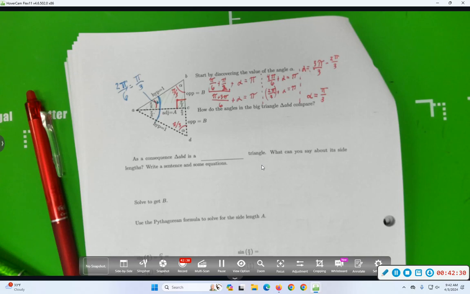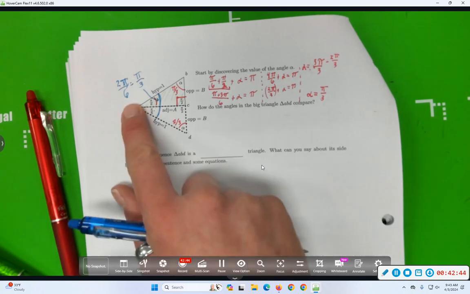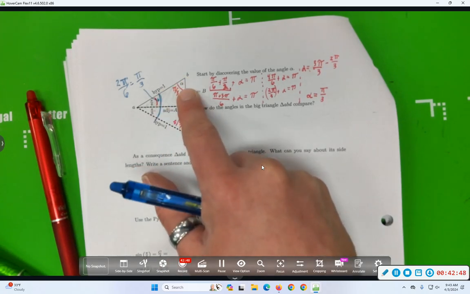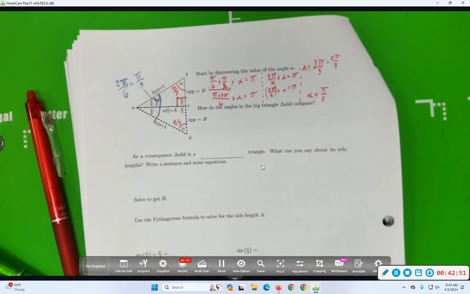So now look at that big triangle, the triangle with vertices A, B, and D. How do the angles in that triangle compare? They're all the same. Yeah, so the angle at A is pi over 3. The angle at B is pi over 3. The angle at D is pi over 3.